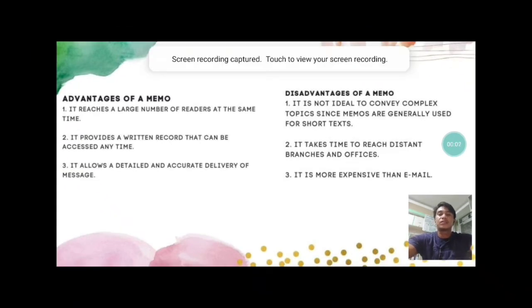So let's proceed to the disadvantages of a memo. Number 1, it is not ideal to convey complex topics since memos are generally used for short text. So dili ideal ang paghatag og complicated na topics sa memo kay ang memo gigamit lang siya for short text lang. Number 2, it takes time to reach distant branches and offices.